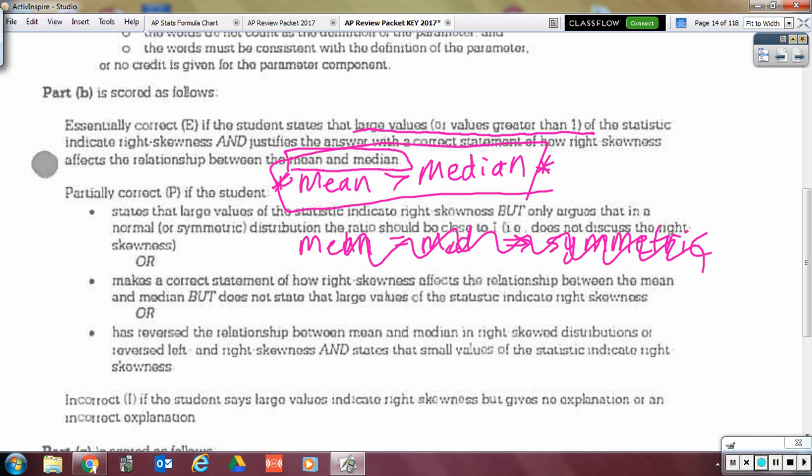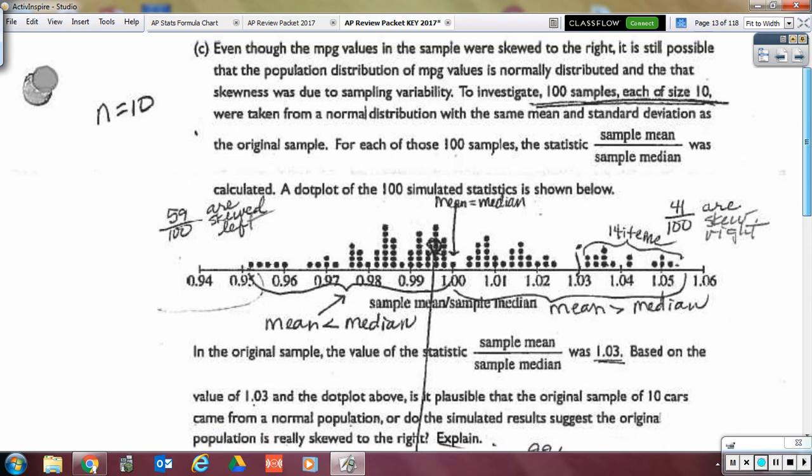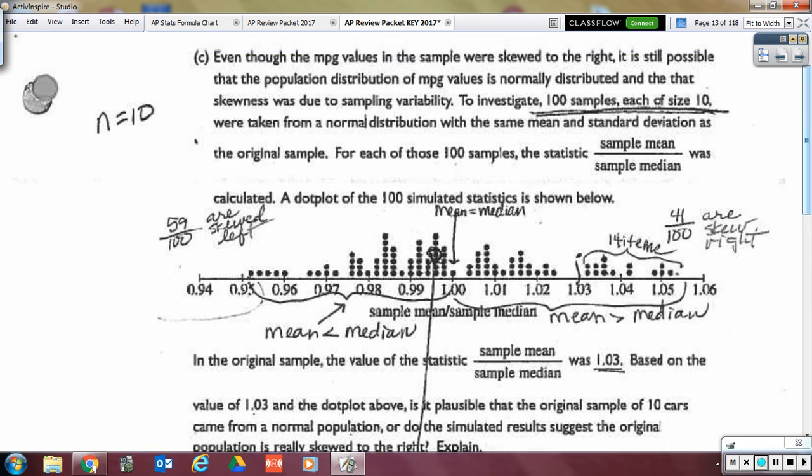Now, this next one is the one that I went the wrong direction on whenever I was doing this problem. So let's discuss and make sure we understand what the problem's referencing. Part C says, even though the miles per gallon values in that one sample were skewed to the right, is it still possible that the population is normally distributed?